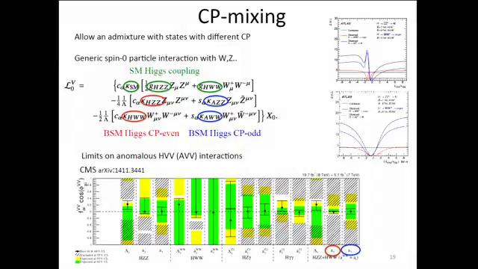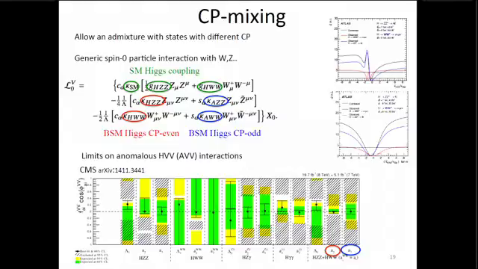Okay, on top of excluding different particles that are completely different in JCP, you can also try to check if there are contributions to the Higgs coupling that are different from what you expect from the standard model. So you can try to write a generic Lagrangian for a scalar particle.